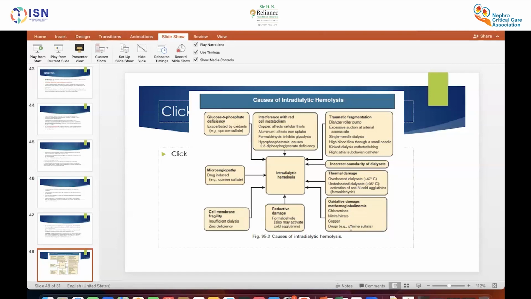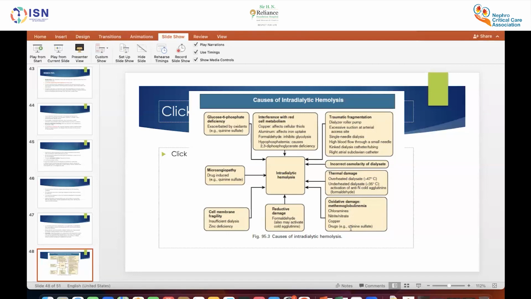Then there will be movement of water from the interstitial compartment to the intravascular compartment. Is it confusing a little, or have you understood? Let me know.